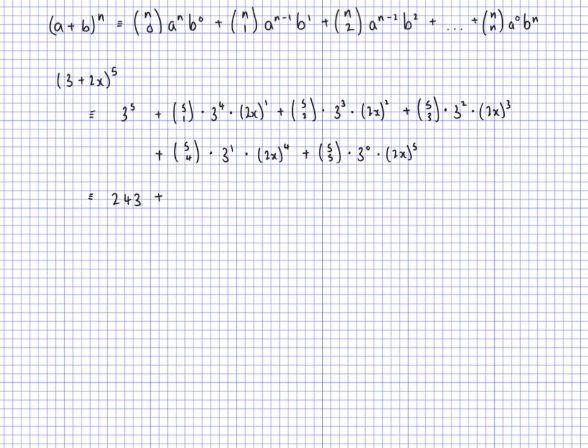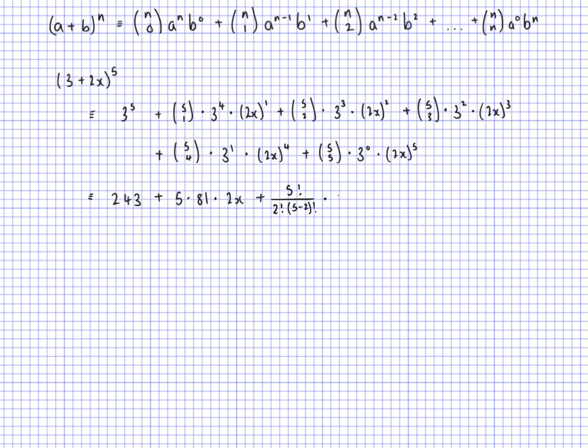So I will have 5 times 81 times 2x, because 2x to the power of 1 is just 2x, plus, now 5 choose 2, this one I'm going to use the factorials. You could use your calculator here, use the nCr function on your calculator, but I'll just work it out. So I'll have 5 factorial over 2 factorial times 5 take away 2 factorial.